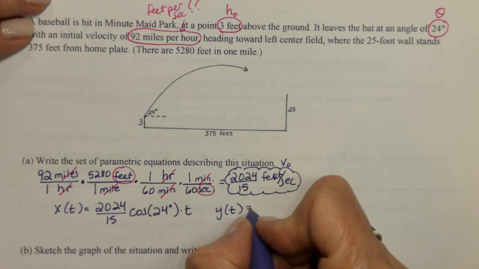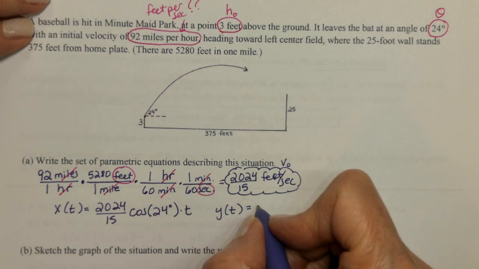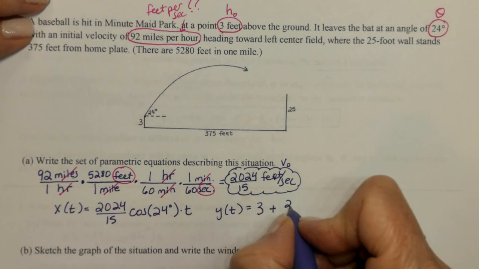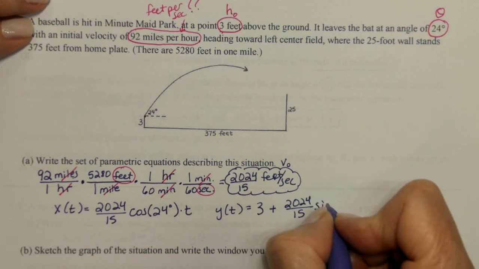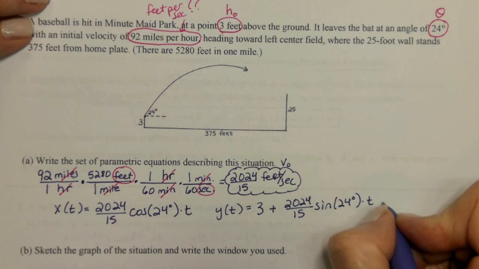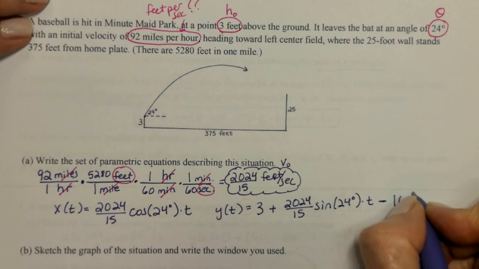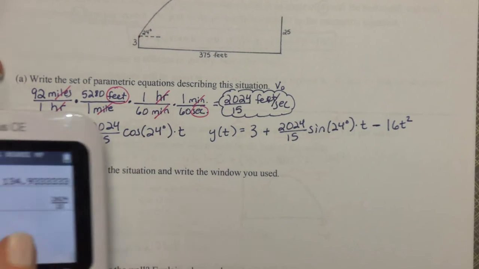I think I've done that before on you. Okay, y of t and x of t. This will be our initial height, 3, plus v naught sine of our angle, times t, minus the effect of gravity, so minus 16t squared. Okay, that's what's going to go into our calculator.